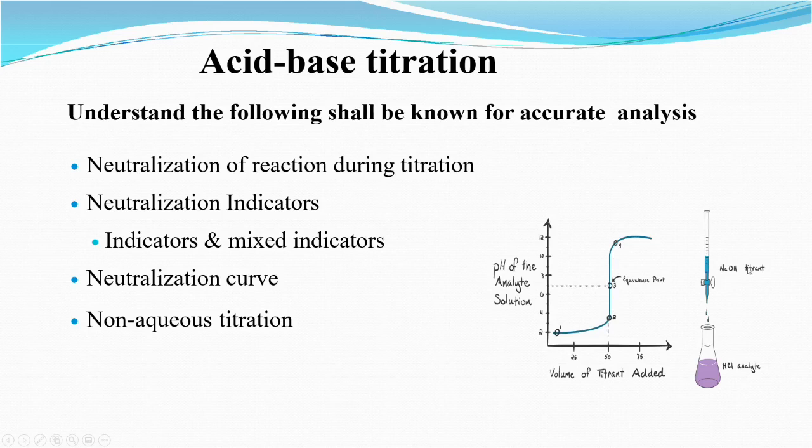When we add NaOH to HCl, which has a reddish color, after some time the color changes to colorless, and that is the endpoint. But when the color changes, a little addition of sodium hydroxide is still needed. That is why the endpoint is not actually the equivalence point.